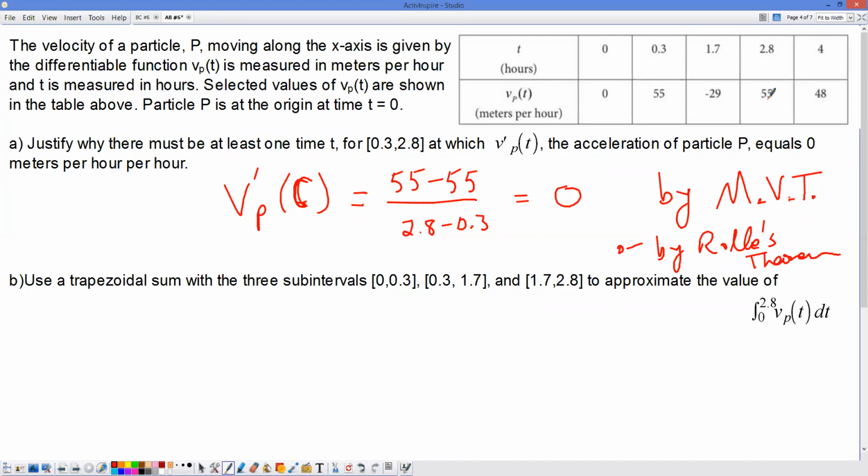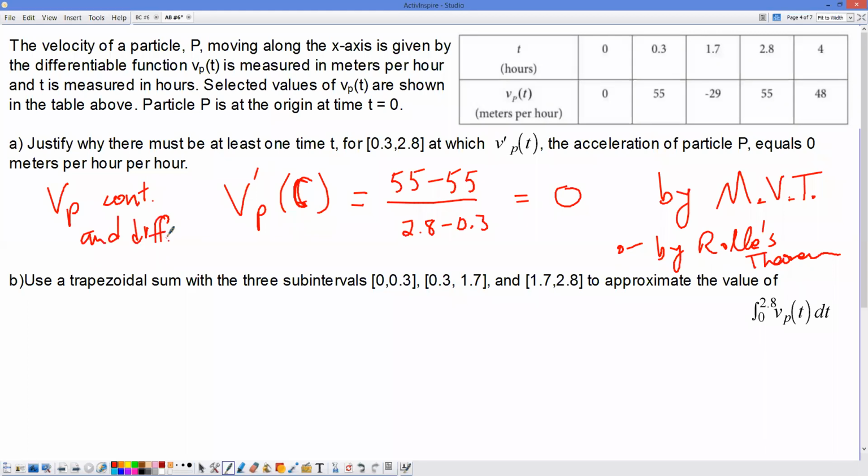Okay, I looked at it as the intermediate value theorem. It's not the intermediate value theorem. Because the graph of v of t goes from 55 to negative 29, so it has to hit 0 at some point.